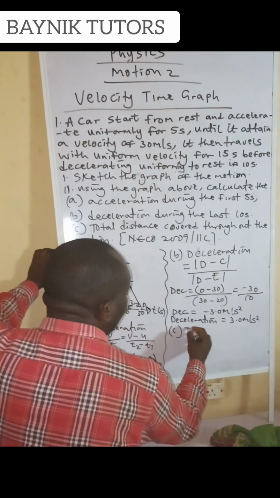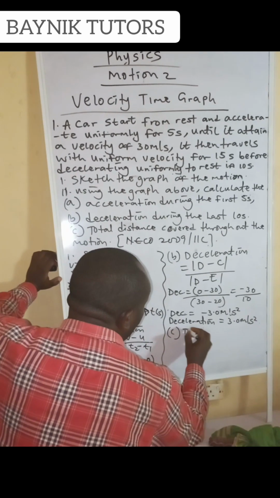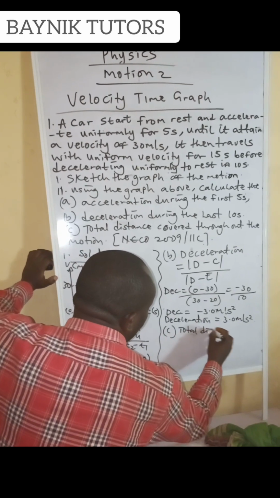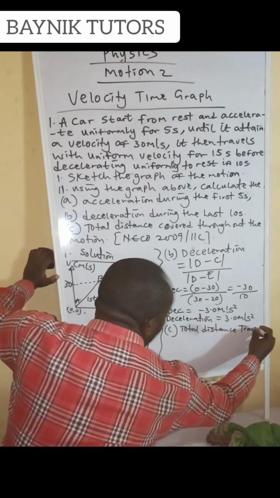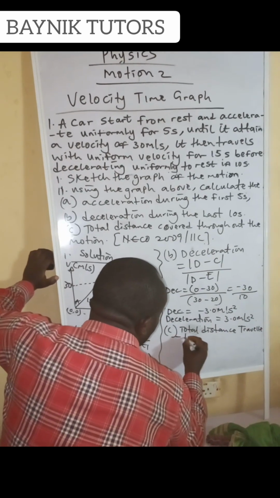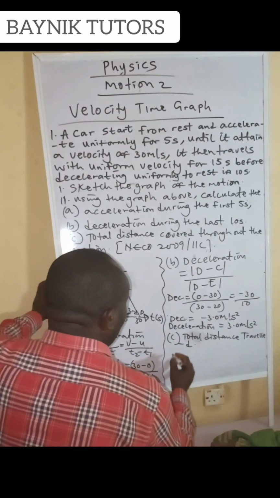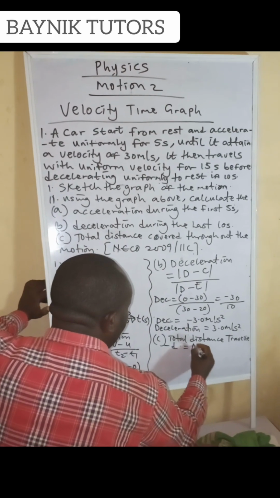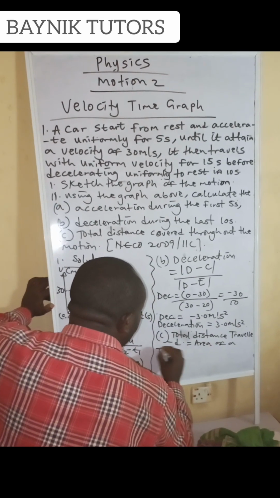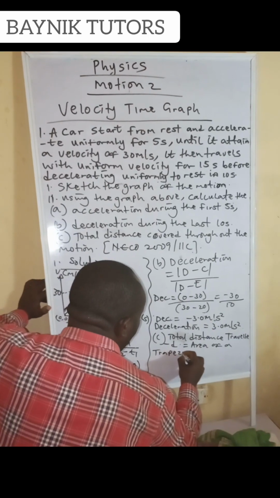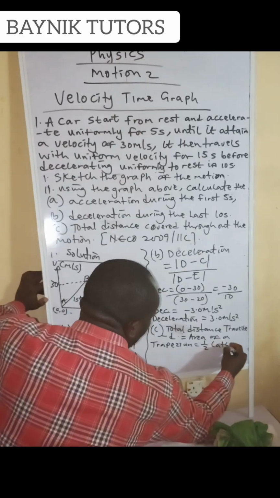C is our total distance traveled for the journey. For the total distance traveled, we have what we call synonymous to the area of a trapezium, which is half open bracket a plus b, h.